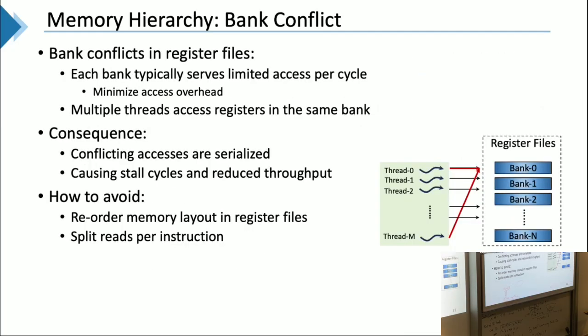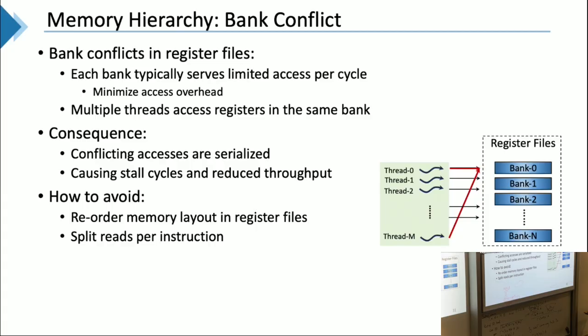Some students came to ask, now that you have multiple threads, you must have some race condition. Here is one example: you have multiple threads, and they might have conflicts accessing memory banks. Let's make some assumptions.